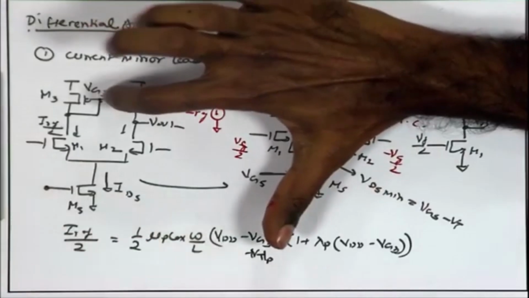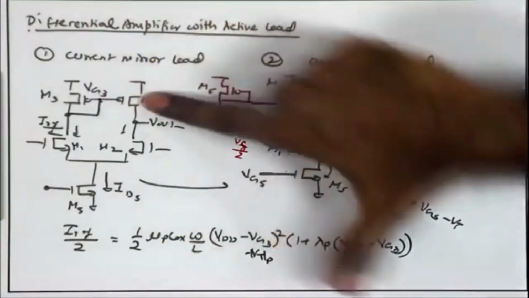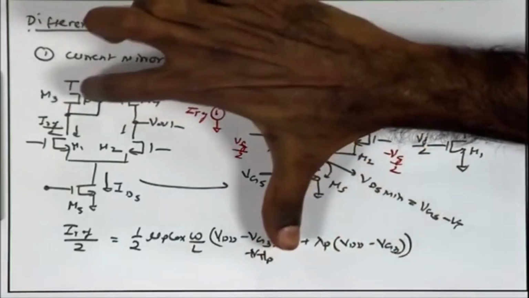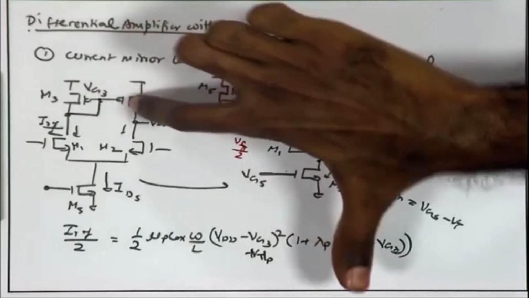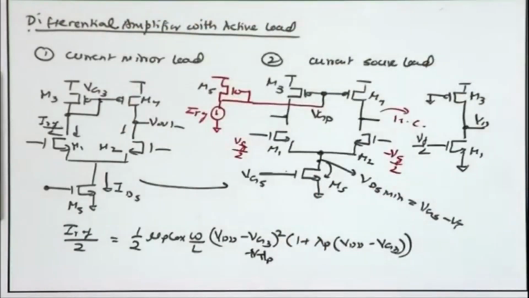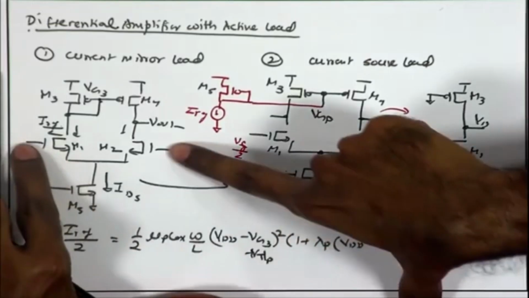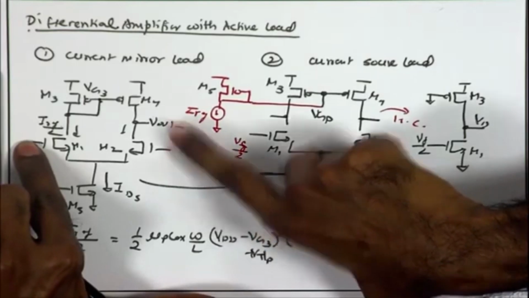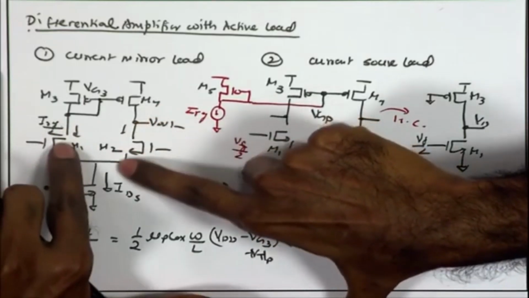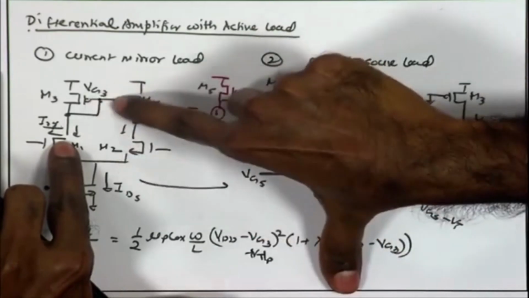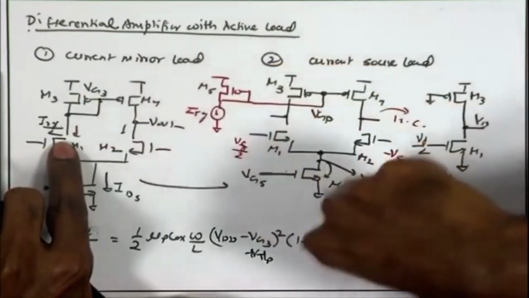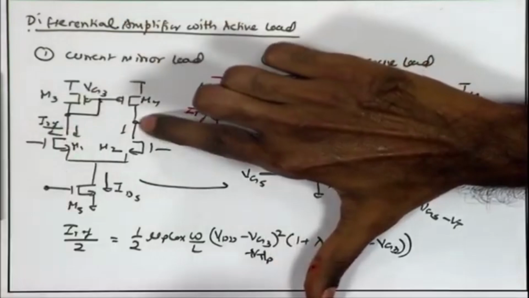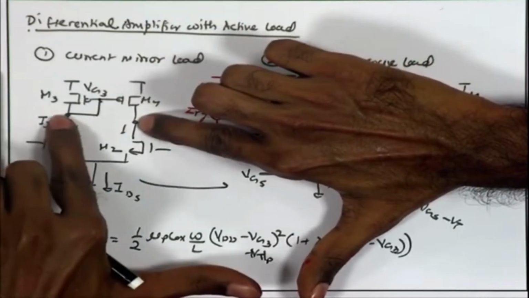Now, once this VG3 is available, it is applied to the gate of M4, and therefore, this is again acting like a current mirror. This is the reference branch of the current mirror, this is something like the output branch of the current mirror. As long as both the input voltages over here are close, if I talk about DC condition, we are having IREF by 2 in both the branches, VG is same for both of them, VSG is same for both M3 and M4, and if these two transistors are matched, we can assume that the DC voltage here is also going to be close to the DC voltage at this point.